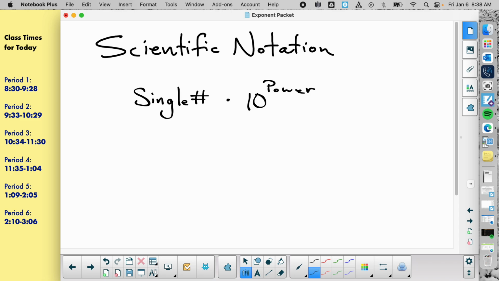Now, the single number could look lots of different ways. It could look like just a regular number like 5. It could be 2.36. It doesn't matter how many decimals you have. Usually people only go up to 2 decimals, but it technically doesn't matter. All that matters is that this first number is a single number times a 10 to a power.